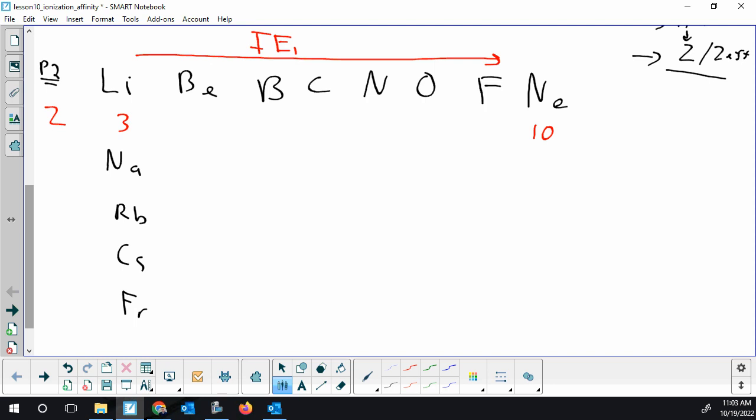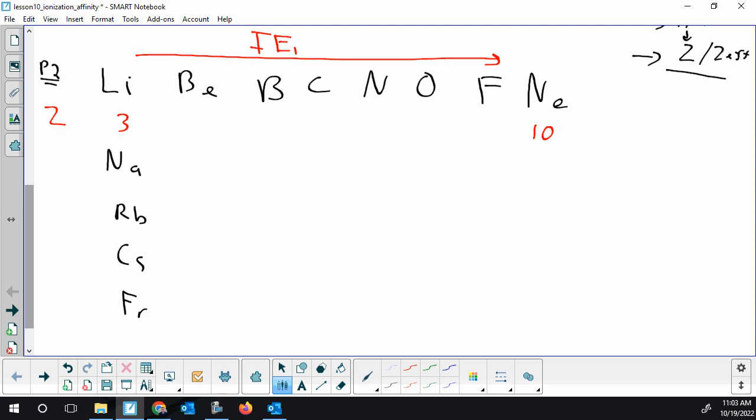Francium's valence electrons are really far away from the nucleus, particularly relative to lithium. Francium's protons don't have a lot of effect on those valence electrons. So in francium, that electron is so far away, it's picked off with little to no energy required, compared to lithium. It's going to take a lot more energy because of distance.